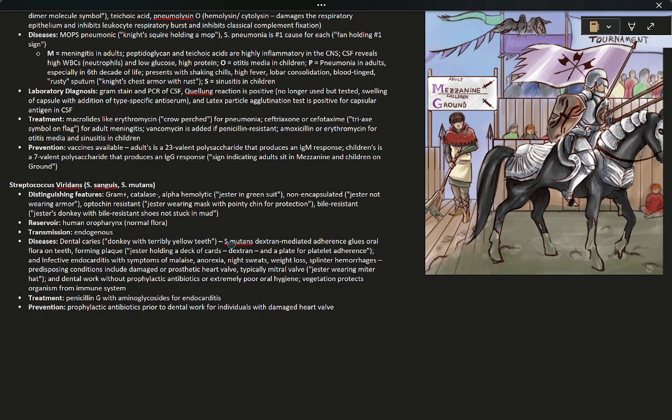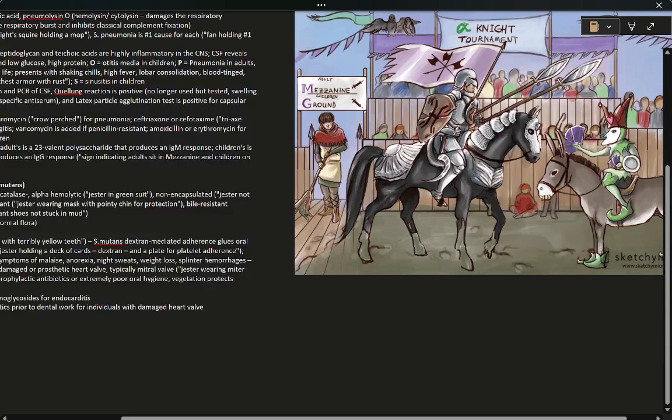This happens because the Streptococcus mutans, through dextran-mediated adherence, will glue oral flora in the teeth, and it ultimately forms plaques. This is symbolized by the jester holding a deck of cards over here that symbolizes the dextran, and also a plate for platelet adherence.